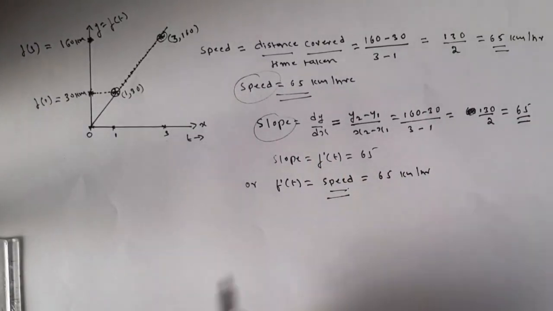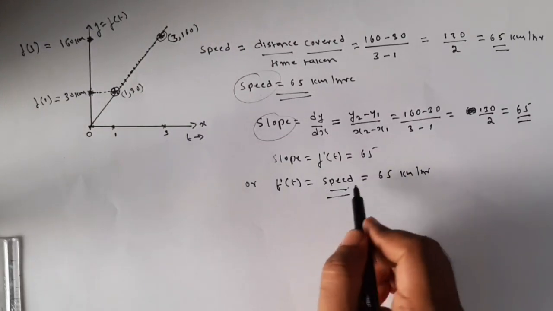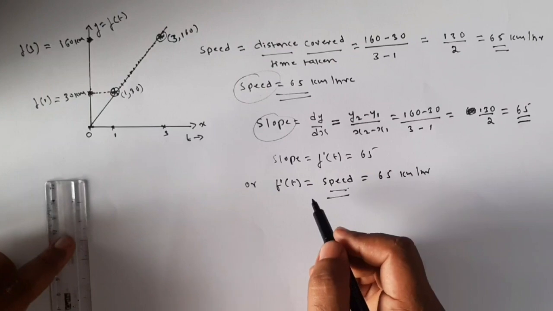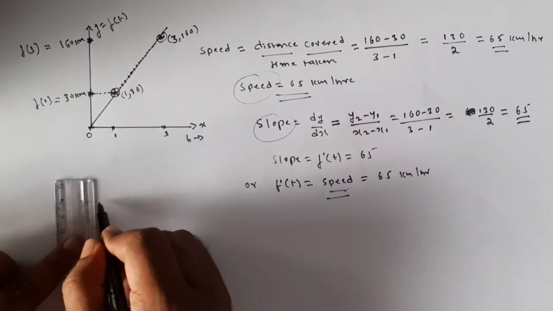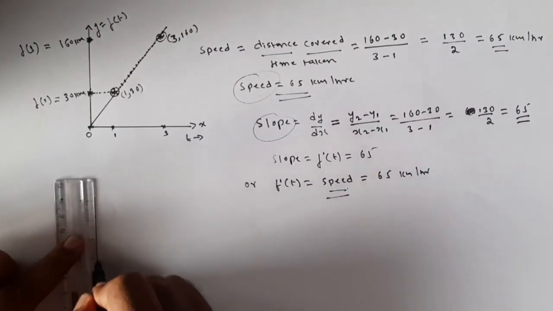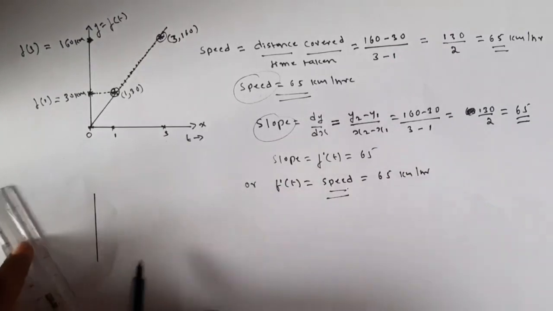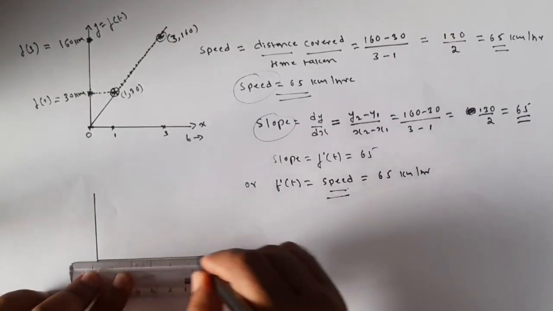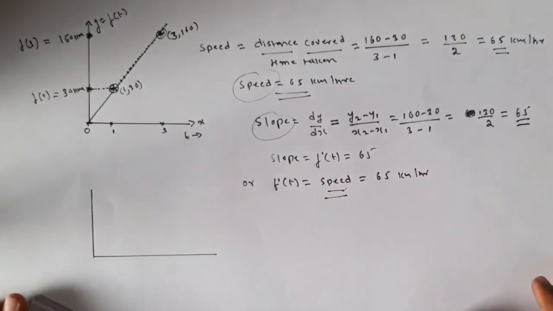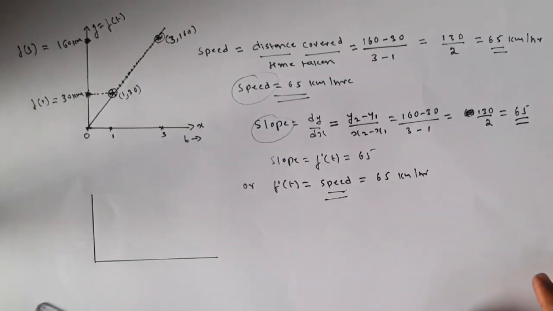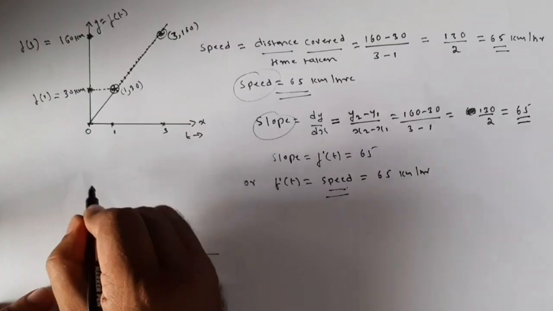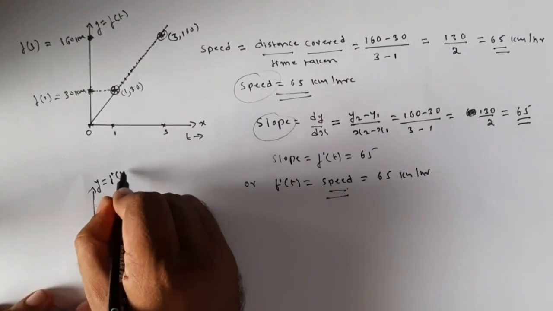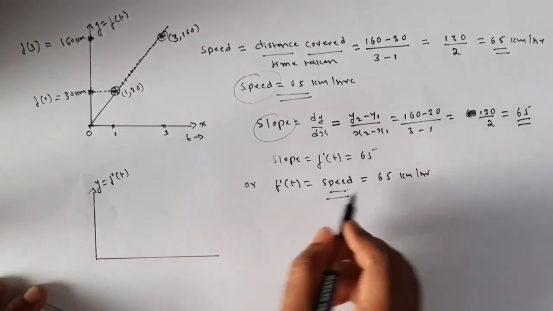For that, we will express the speed in a graph. To express it in a graph, we need x and y axes. So this is the y axis, and take the x axis. The y axis is speed. We have taken speed as f dash of t, which is equal to 65, right?